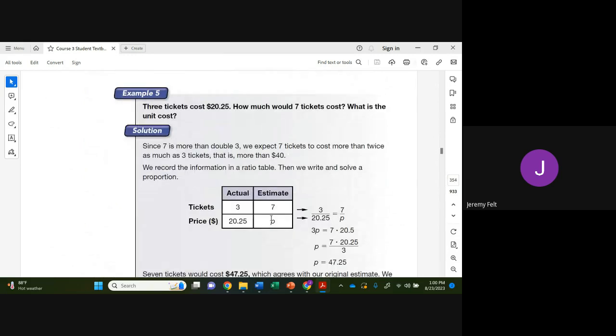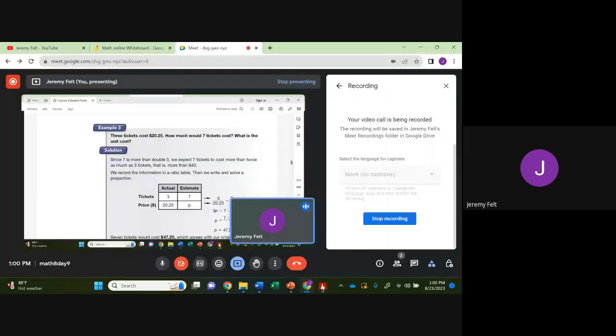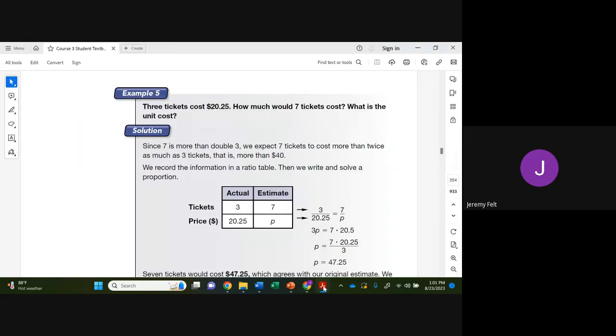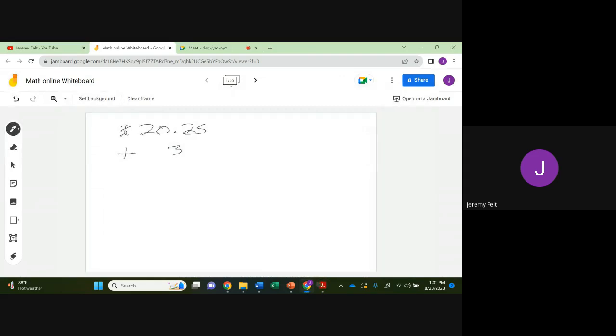Let's look at example 5. 3 tickets cost $20.25. How much would 7 tickets cost? What is the unit cost? So what is the cost for 7 tickets?